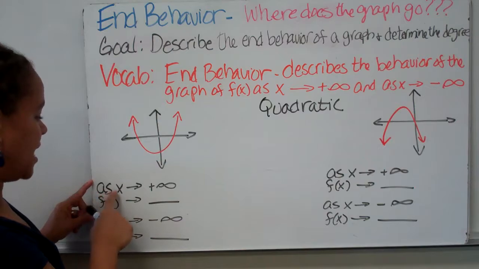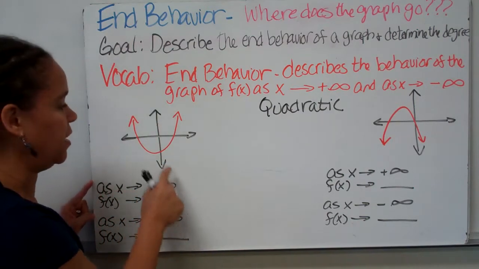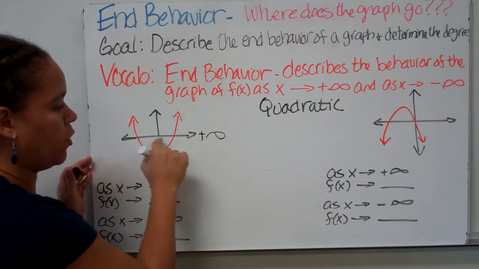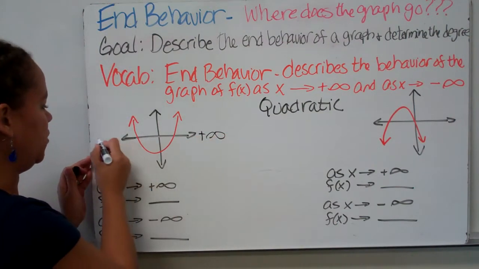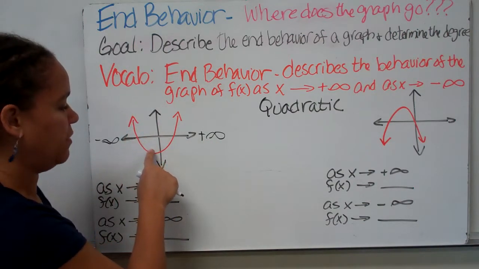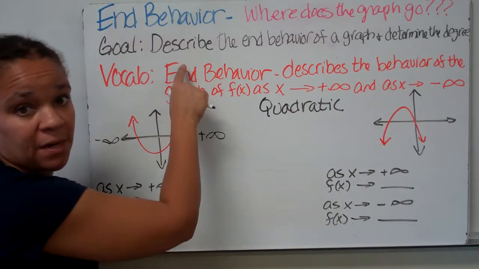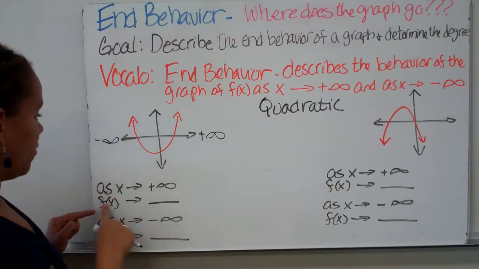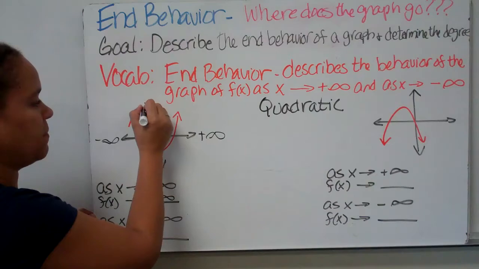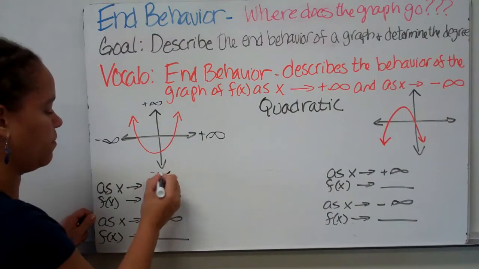You'll need to state, as x approaches positive infinity. So notice this is positive infinity, because if I just kept going on and on, it would continue. This would be negative infinity. So as I'm traveling to the right for this graph, what ends up happening? Where does it end up going? Well, the graph ends up going also to positive infinity, because of course up here would be positive infinity as well.